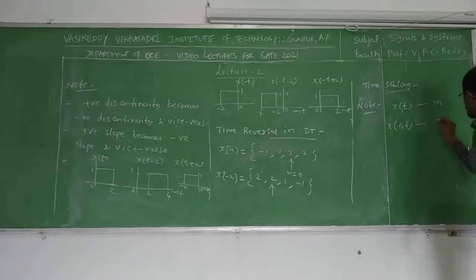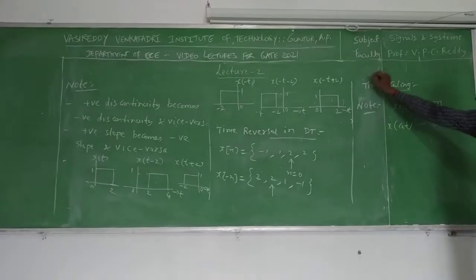This becomes the line with slope a times m. This is very simple. The scaling factor is multiplied with the slope m. So this is about directly dealing with slopes when you perform time scaling. Your slope is a times m.